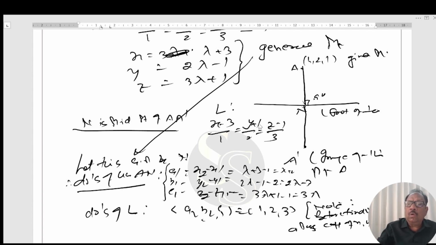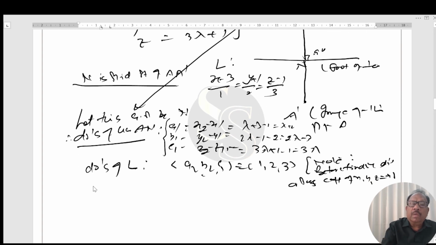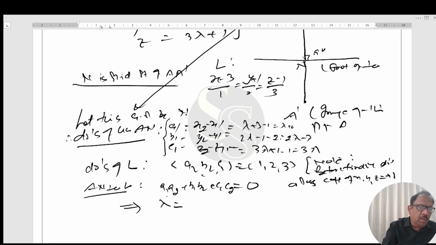Now, AN is perpendicular to L. Therefore, A1 A2 plus B1 B2 plus C1 C2 equals 0. Find the value of lambda here. On simplification, lambda comes out to be 2 by 7.